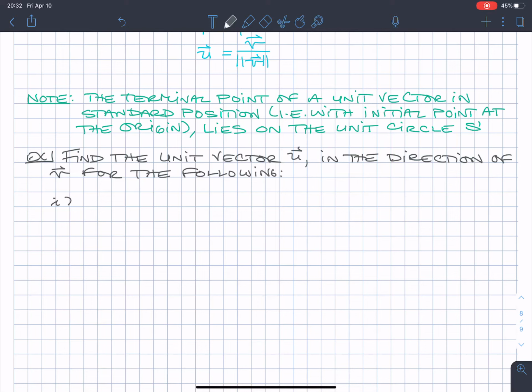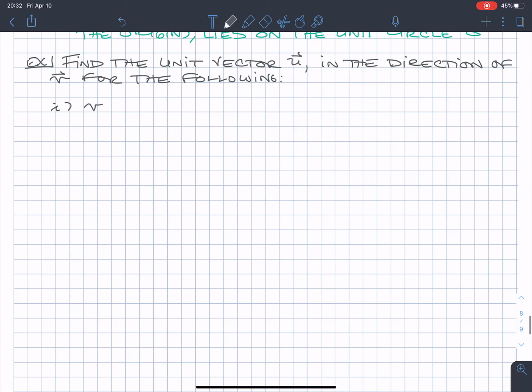Okay, so number 1, let's say we're given that vector v is negative 5 root 3, comma 5. The first thing I want to find out is the magnitude of v.